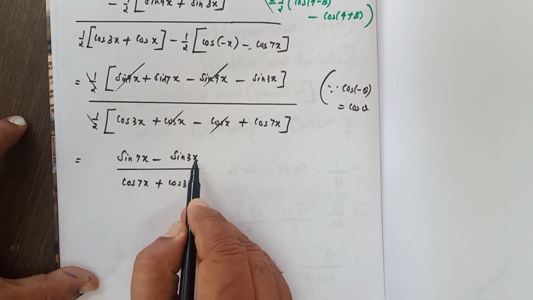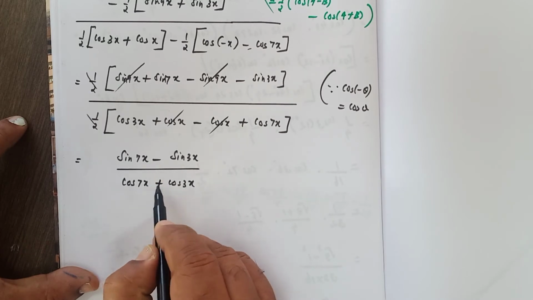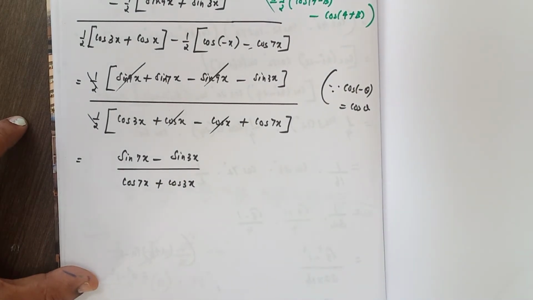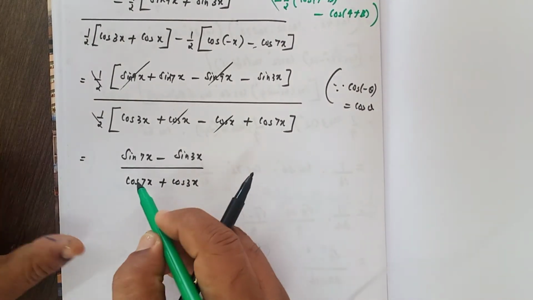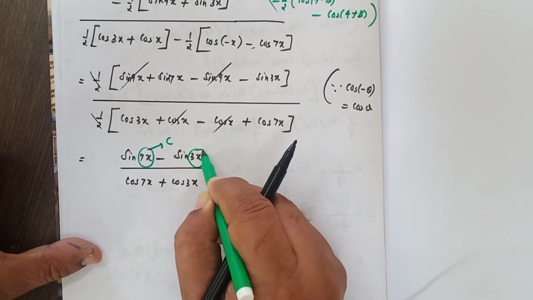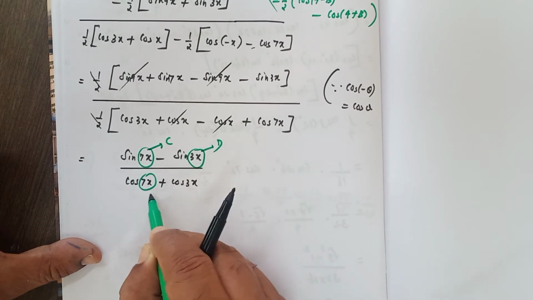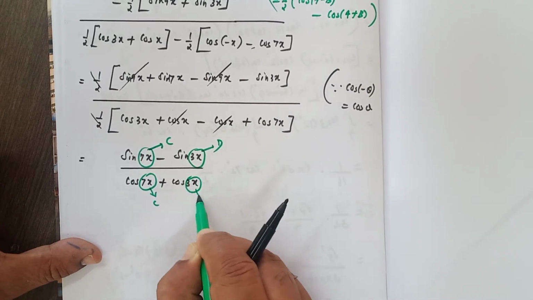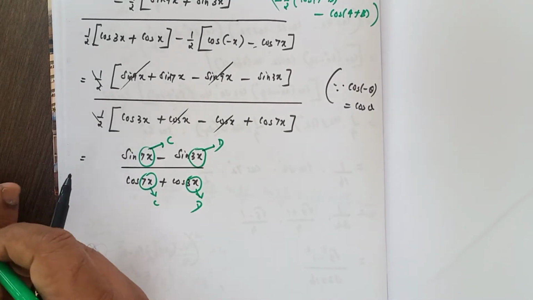So in between two trigonometry functions, we have minus, here we have plus, so you have to consider them as C and D. These two angles to be considered as C and D. What form is it?